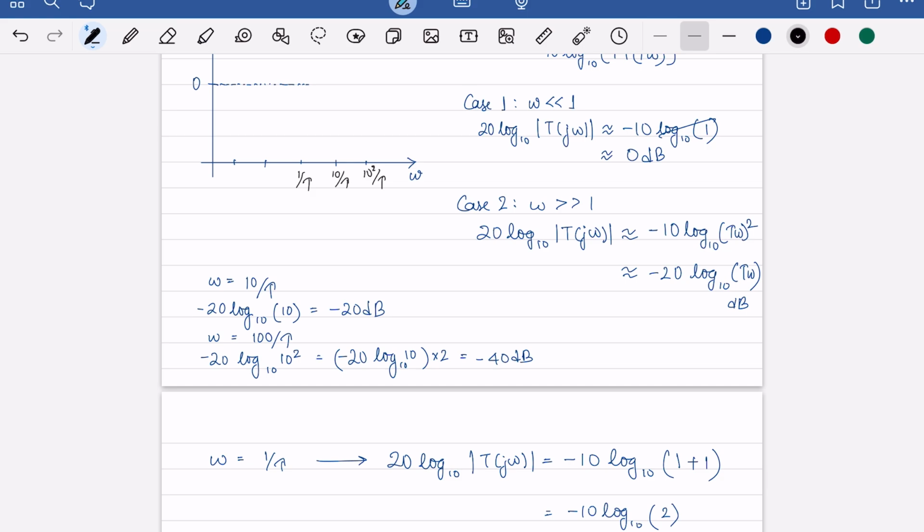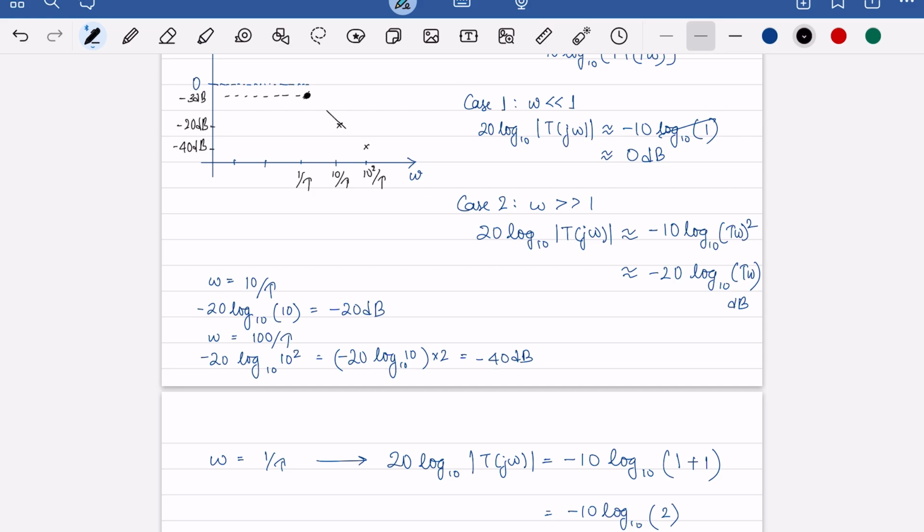From 0, you're going down to minus 3 dB. So there's 1 point here. There's nothing to do with poles and zeros. I just marked it with a cross. Absolutely nothing to do with poles and zeros in what we're plotting. And at 10 by tau, we found that it is minus 20 dB. And then let's say this is minus 40 dB for that here.